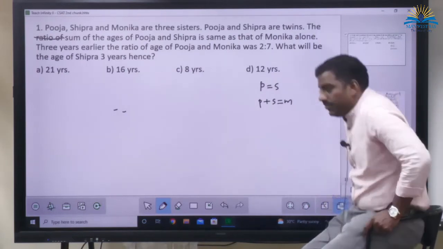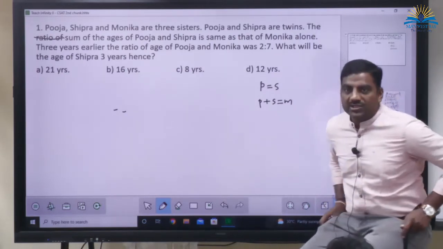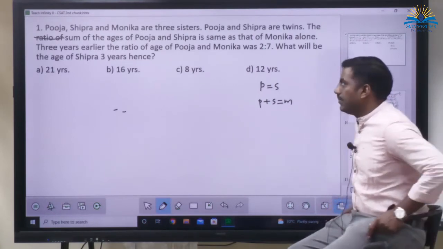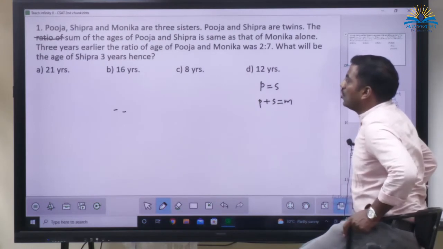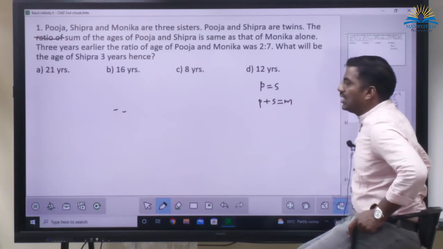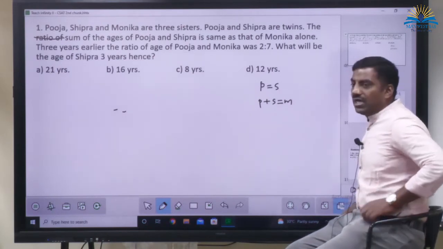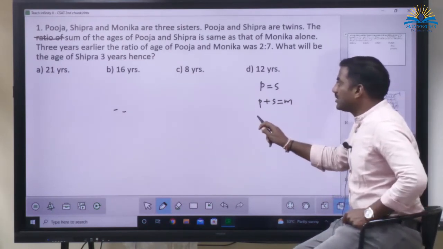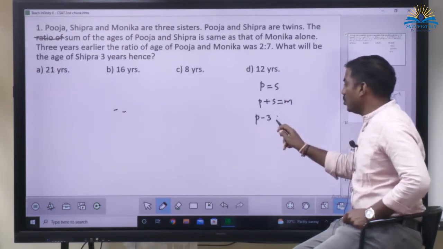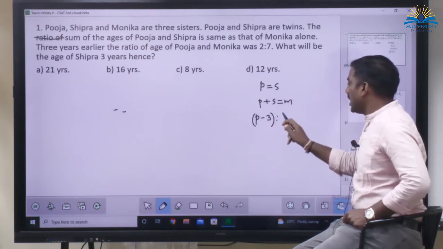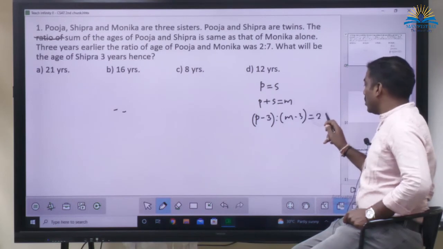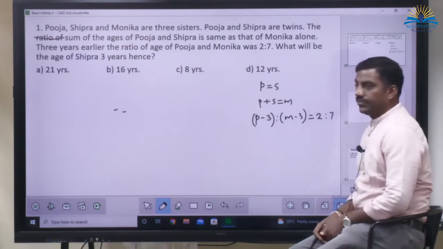3 years earlier. So 3 years back. Everyone, P minus 3, S minus 3, M minus 3. The ratio of age of Pooja and Monica was 2:7. So Pooja and Monica we are taking into picture. P minus 3 is to M minus 3 is equal to 2:7.